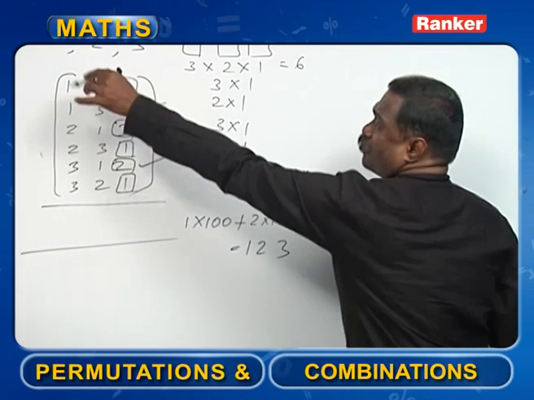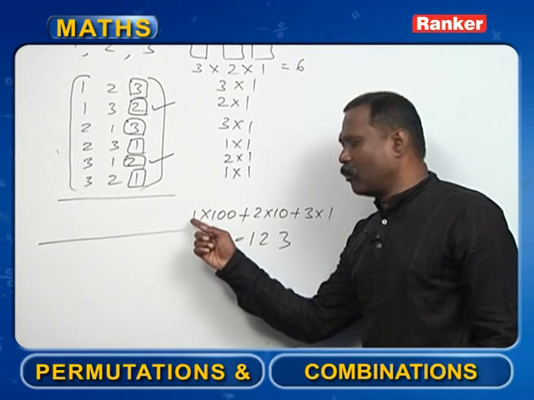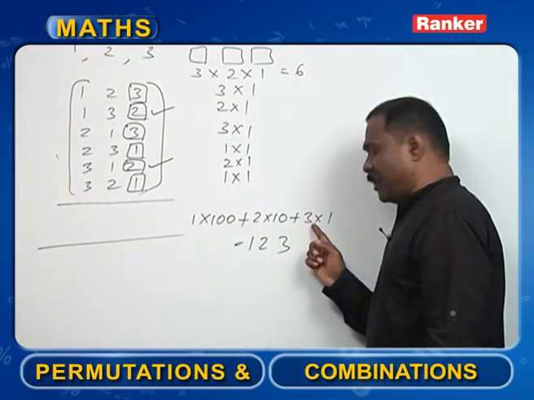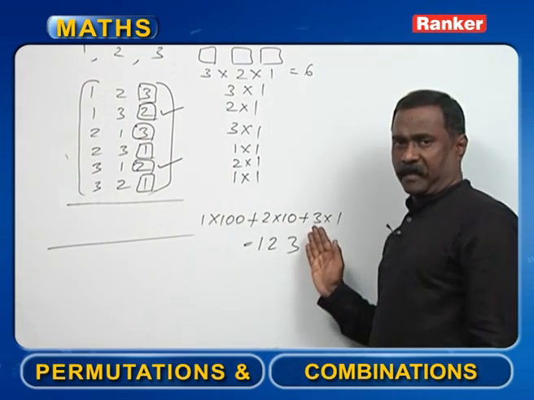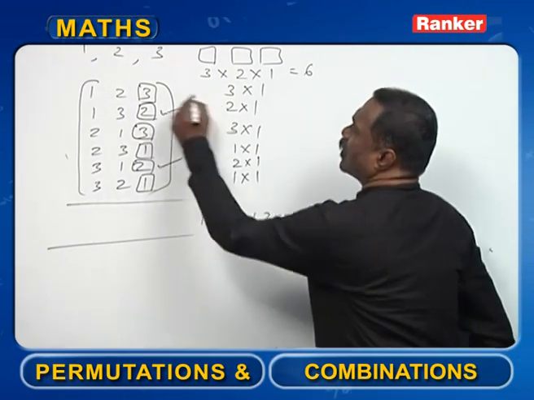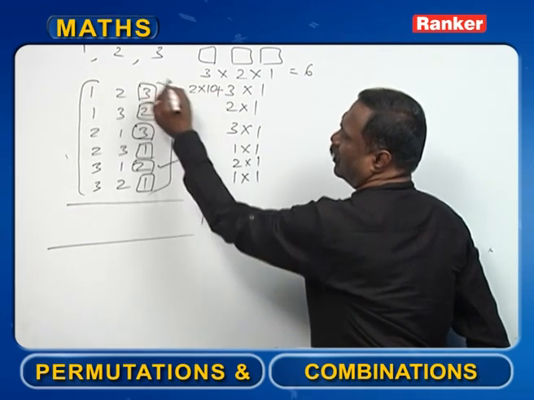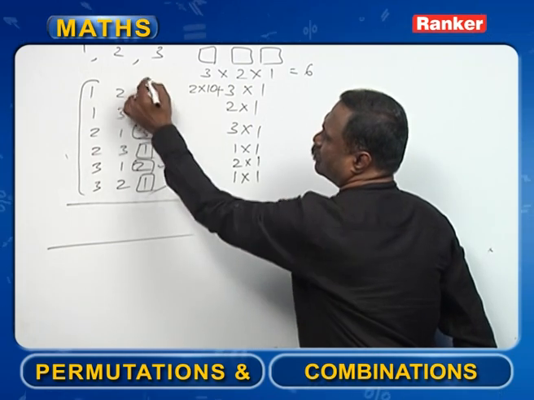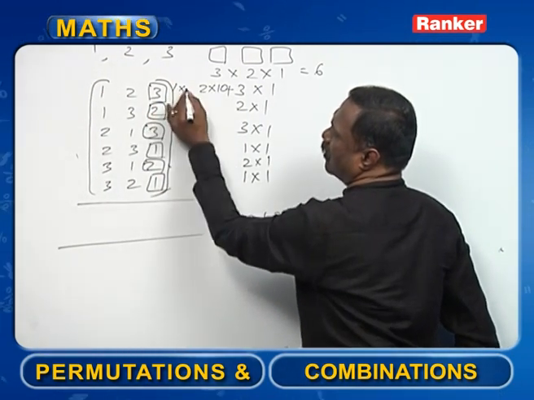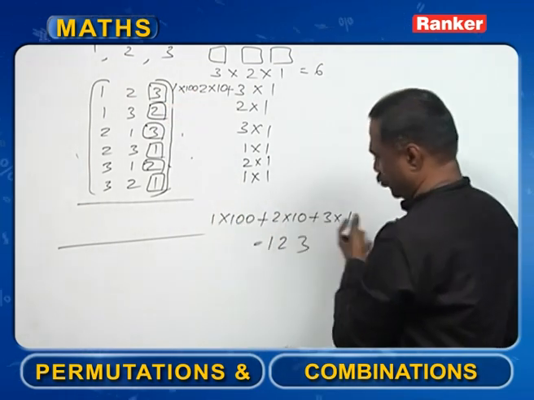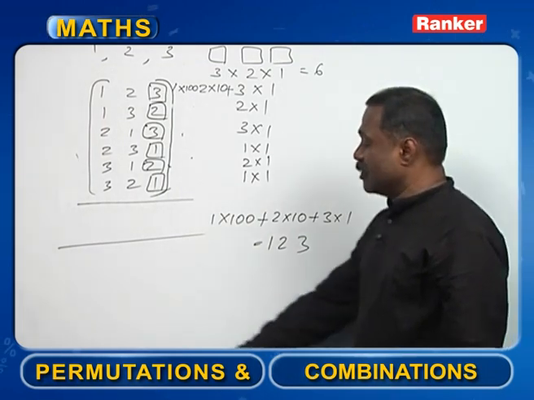The number 123 is formed with the contribution of 1, 2, 3, by placing them in hundreds, tens and ones place. That's what I have shown here. 1 into 100 plus 2 into 10 plus 3 into 1 becomes 123.